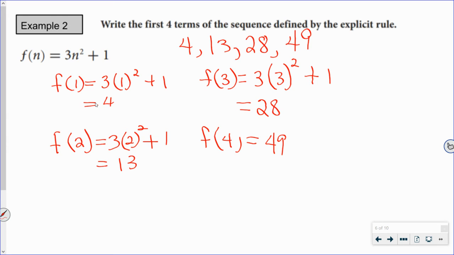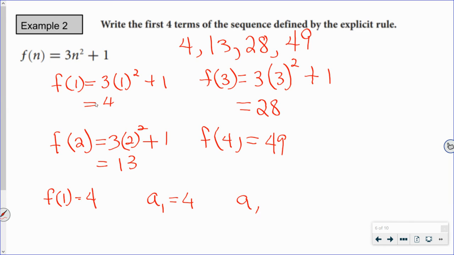Is that hard? No. And I could write each one of those just like I have here. I could say, f of 1 equals 4. But I also could write that in subscript notation. I could say a sub 1. That 1 in the subscript is the same thing as my function notation, meaning the first term is 4.